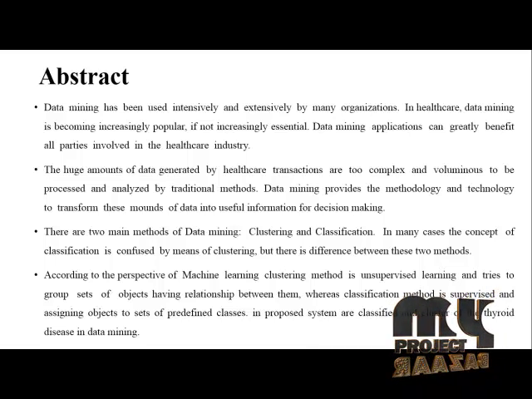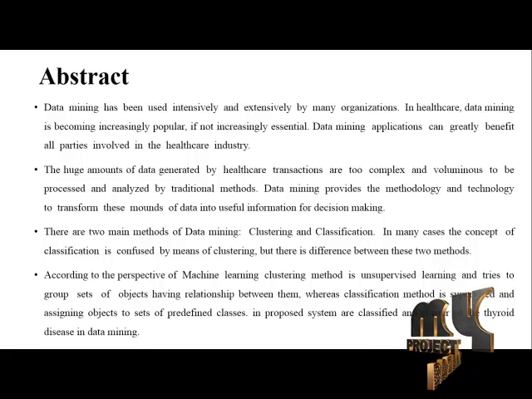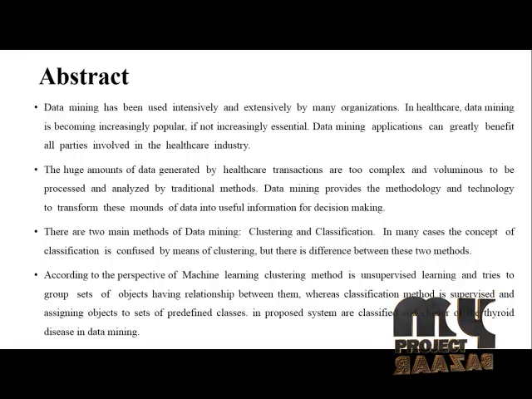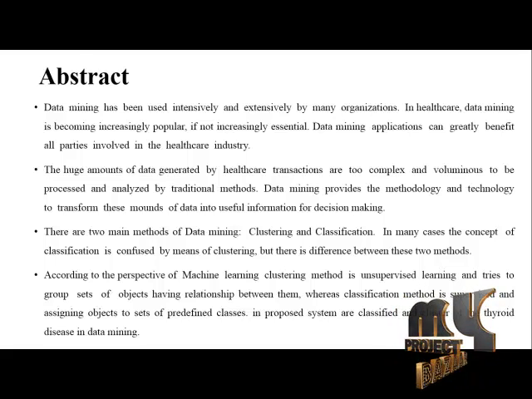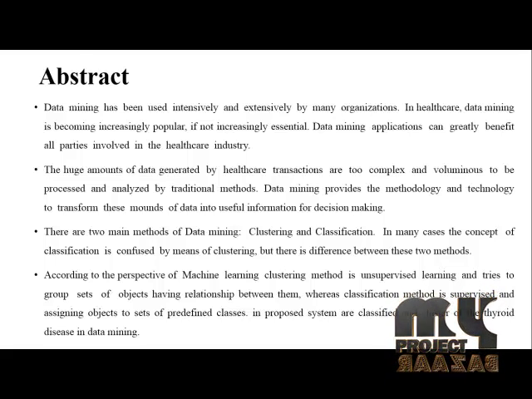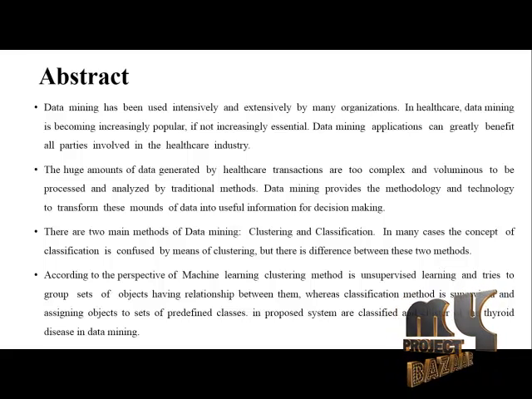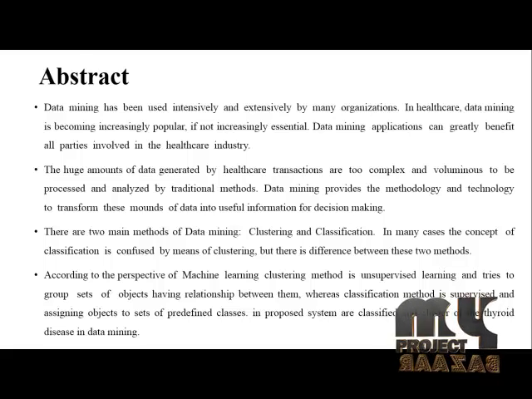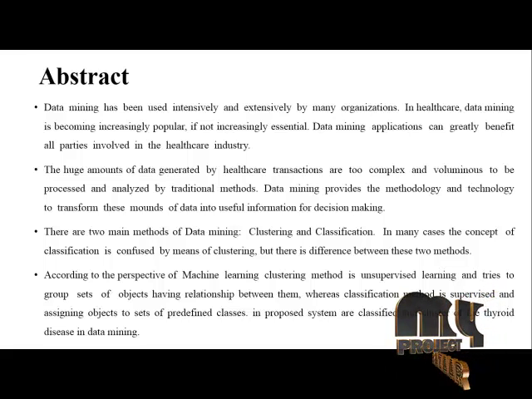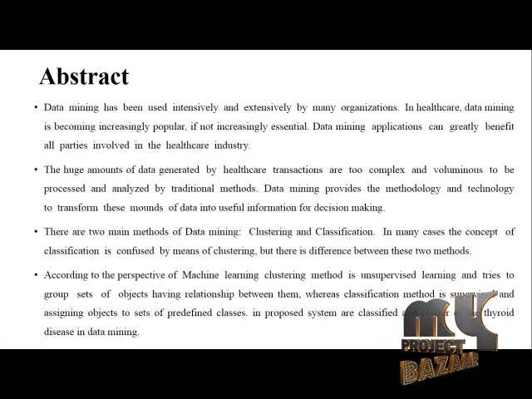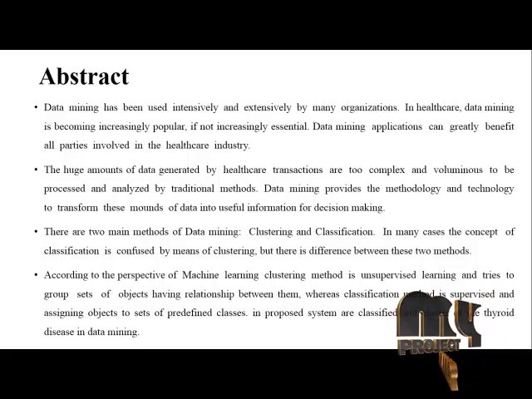From the perspective of machine learning, the clustering method is unsupervised learning and tries to group sets of objects having relationships between them, whereas the classification method is supervised and assigns objects to sets of predefined classes. In the proposed system, thyroid disease data are classified and clustered using data mining.